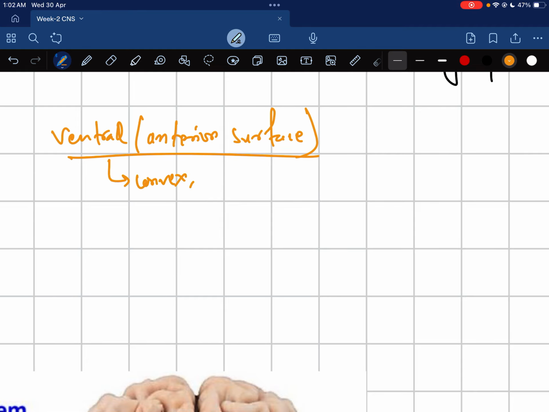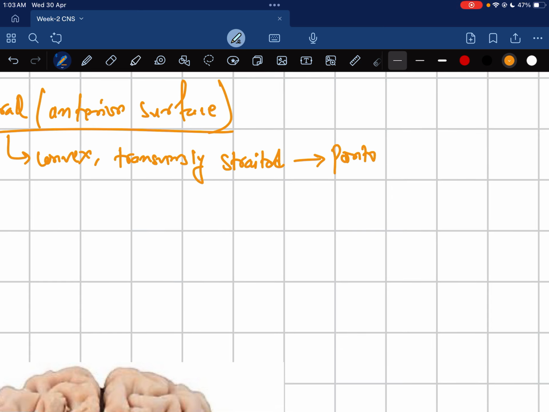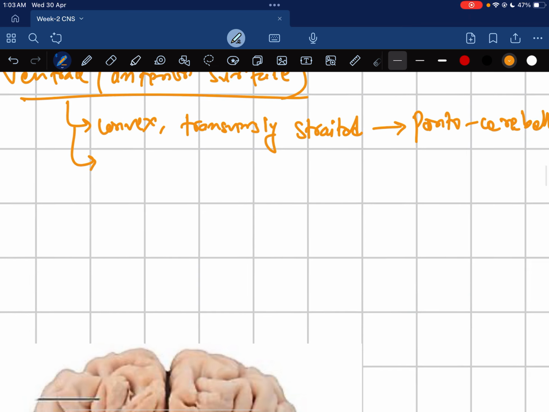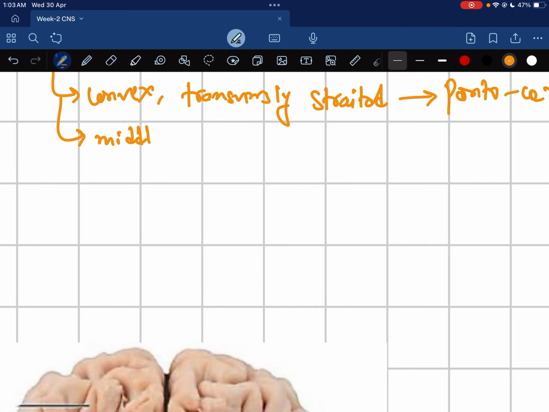It is transversely striated because of the pontocerebellar fibers, and these fibers form the middle cerebellar peduncles on each side.